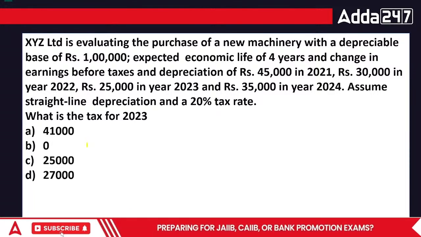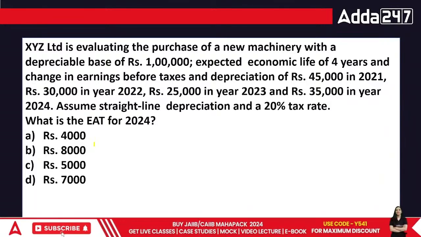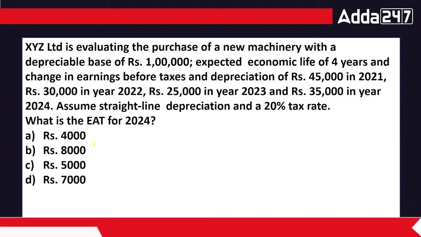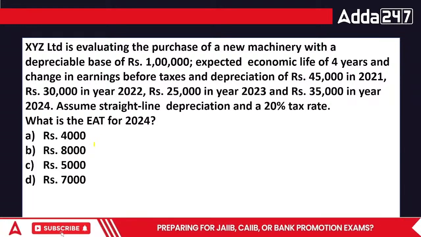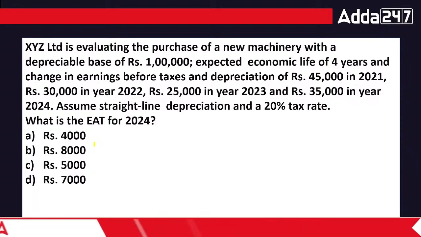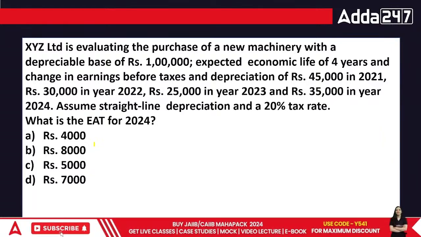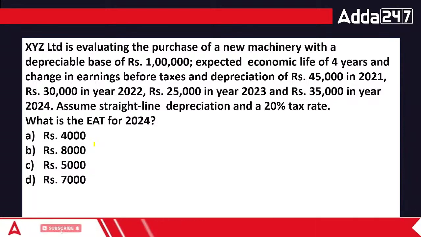The next question says, what is the EAT, or earnings after tax, in case of 2024, everyone? What would be our answer in 2024? What's going to be your answer in 2024?